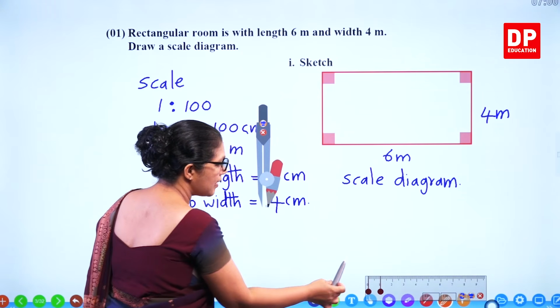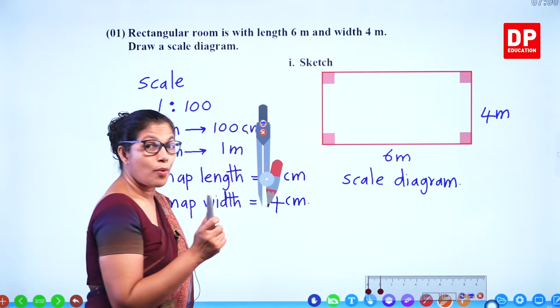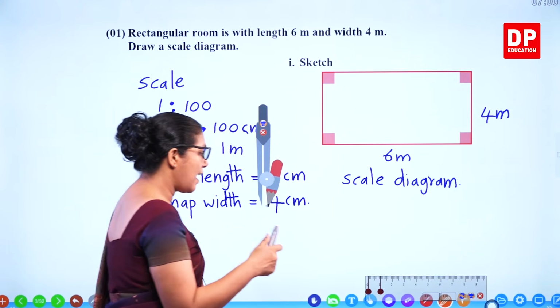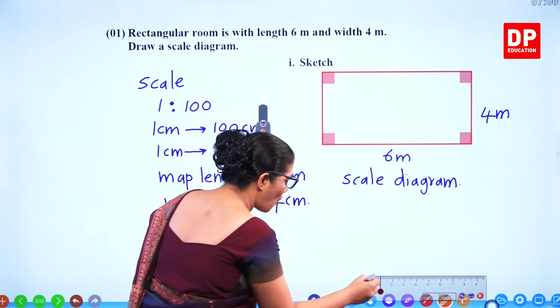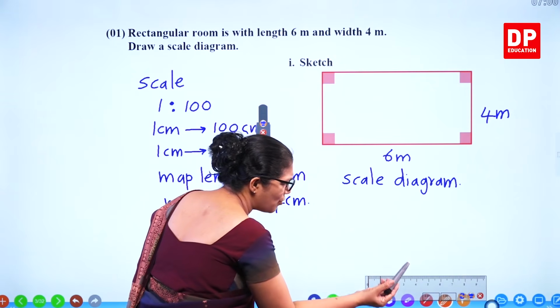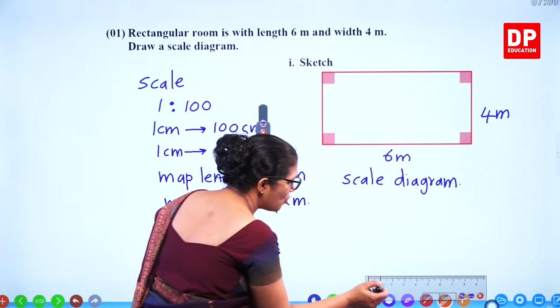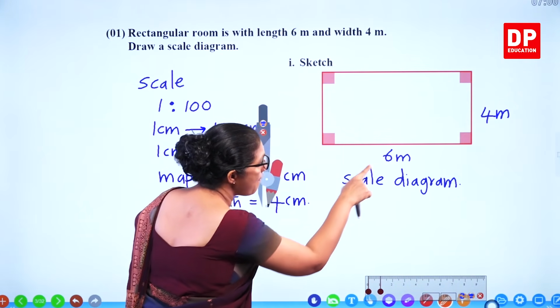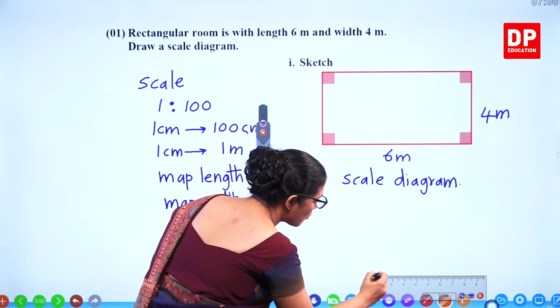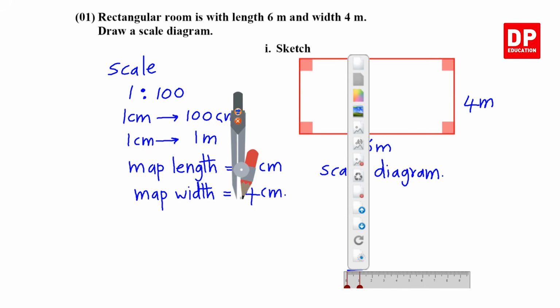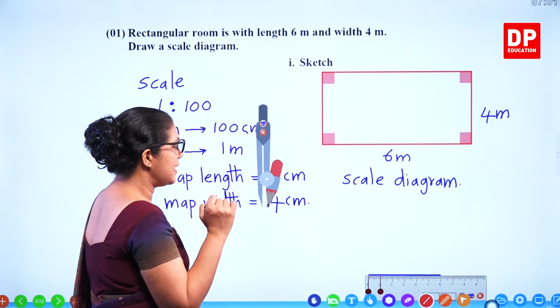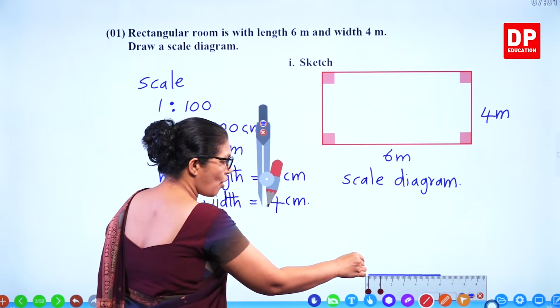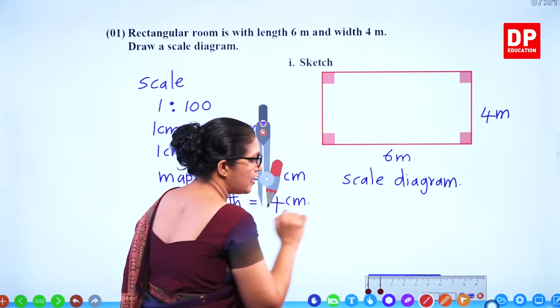You can take the set square to draw the perpendicular lines, and when you want to measure the length, you can use the ruler. So I'll just use the ruler today. Here 6 meters means 6 centimeters. So I'll draw a line segment that should be 6 centimeters length, here to here. Then I need to draw 2 perpendicular lines.